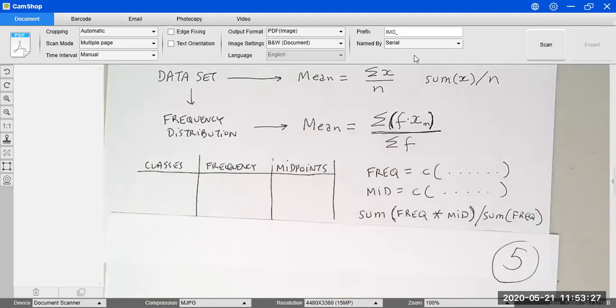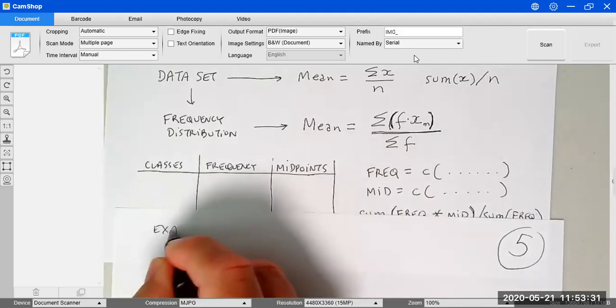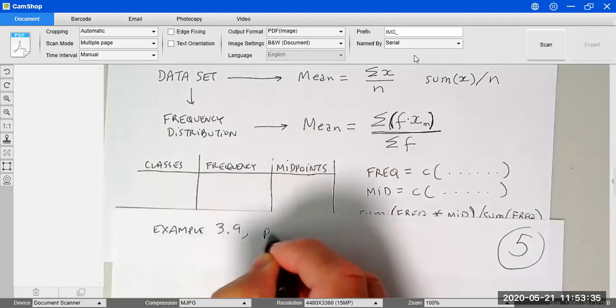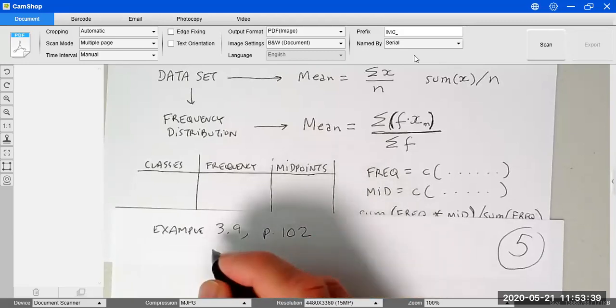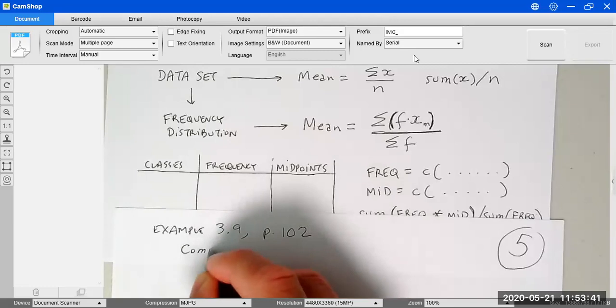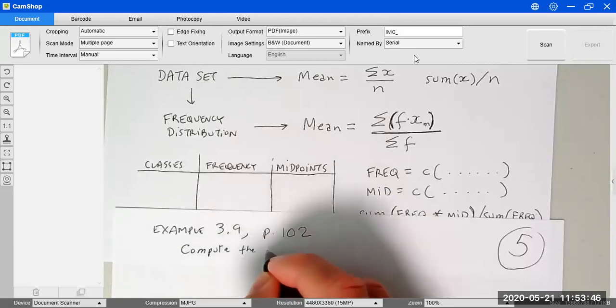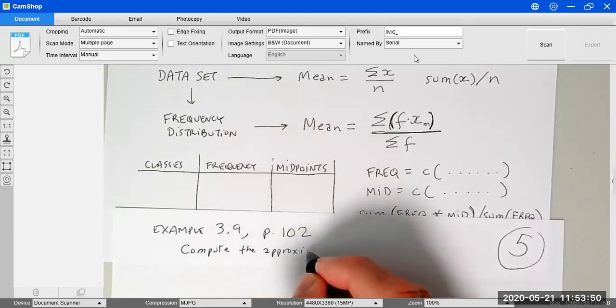So we're going to solve example 3.9, which is on page 102. It's about computing the approximate mean, and this is important: you are not going to get the exact mean from the original data set, because we are using a frequency distribution.